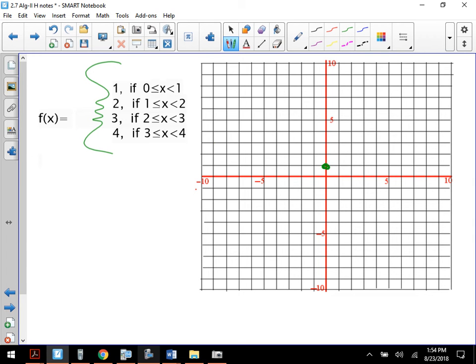Solid, open, connect the dots. When x equals 1, it goes up to the next spot. Solid, open. Solid, open.